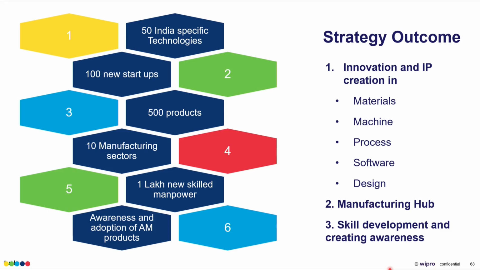They want to have 100 new startups and they will fund these startups in the initial days for a few years, give them mentorship, space to work and all of this. They would like to see 500 products developed using additive manufacturing. They want to penetrate into 10 manufacturing sectors. Here I would like to highlight one point. When I started with additive, it was about 11 years back.